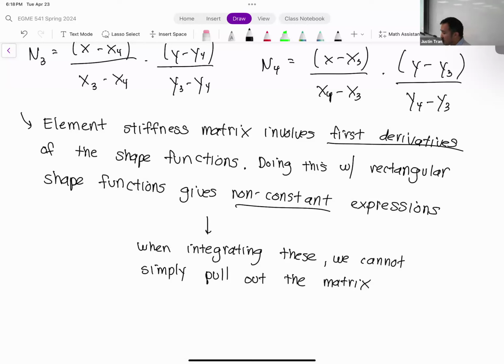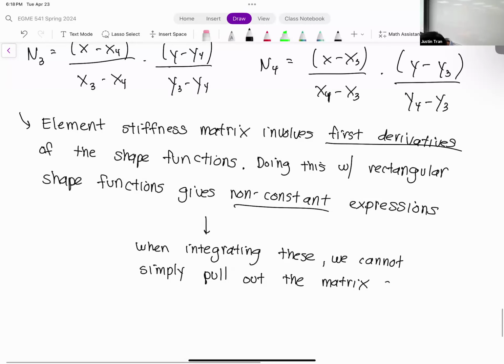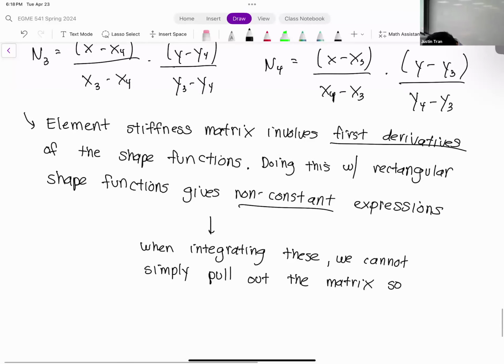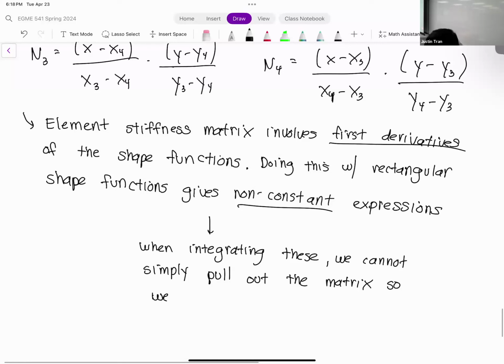And all of a sudden we have a big issue because we're performing an integral in 2 dimensions on a triangle, or in this case a rectangle, of arbitrary shape and orientation.